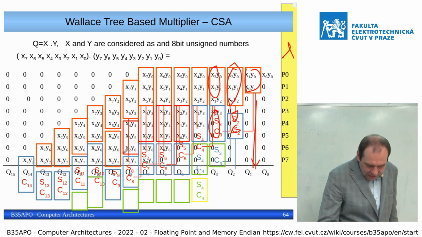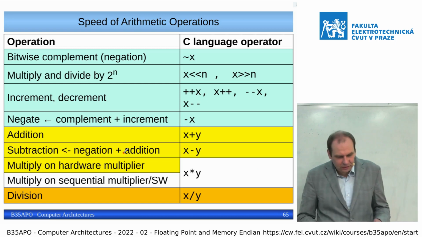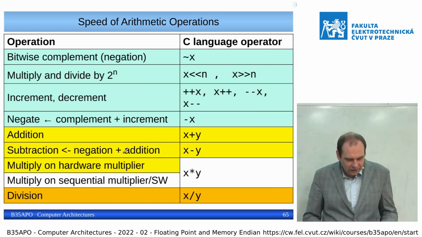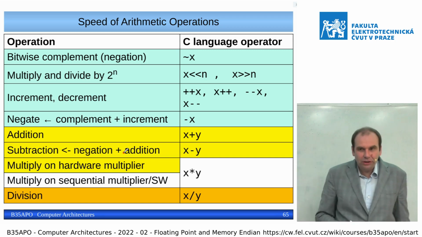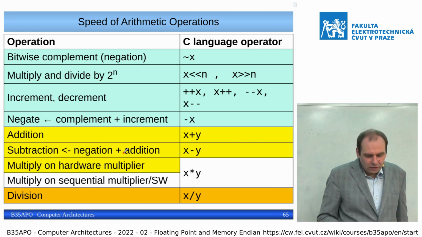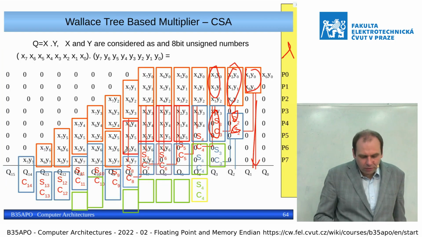So basically, in this case, we build so-called Wallace tree, which we have seen in previous lecture, which simplifies the logic, and you need to add there only the one full adder at the end of the logic.